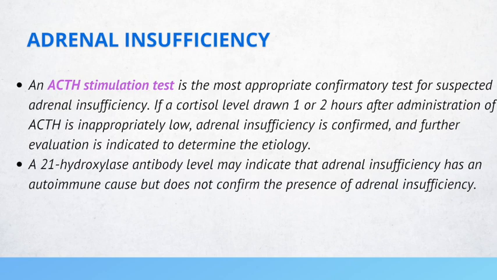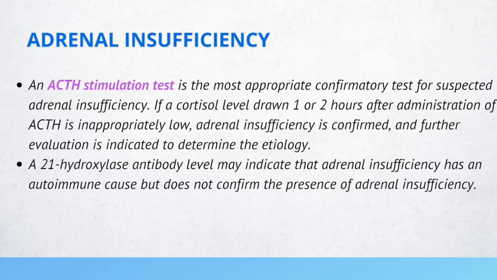So, while primary adrenal insufficiency is due to something being wrong with the adrenal gland itself, secondary adrenal insufficiency is characterized by a decreased secretion of ACTH by the pituitary gland, leading to adrenal insufficiency.